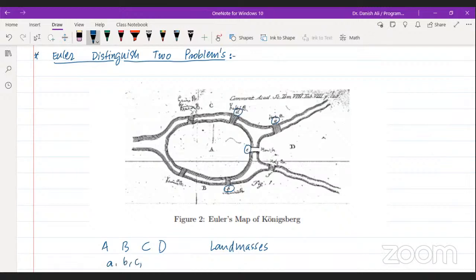These are 7 bridges, so he names them a, b, c, d, e, f, g.